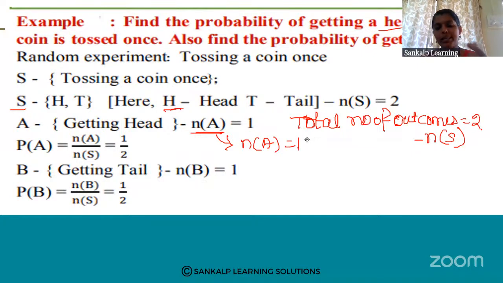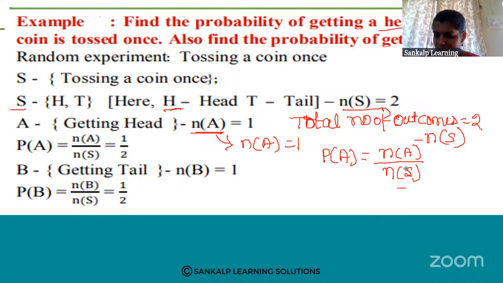So the probability of getting head, P of A, is equal to the number of favorable outcomes, n of A, divided by the total number of outcomes, n of S. Remember, always n of S is in the denominator. N of A is 1 divided by the total number of outcomes, 2. That means 1 by 2. This is the probability of getting head.